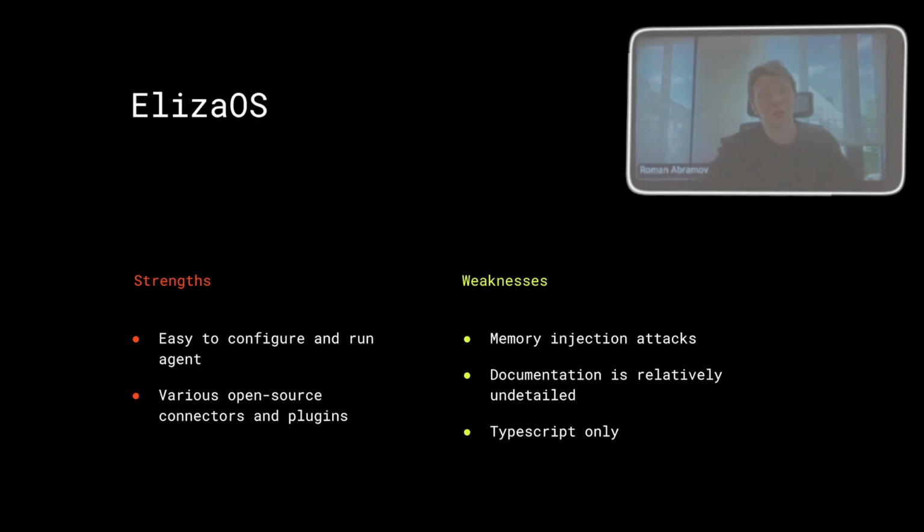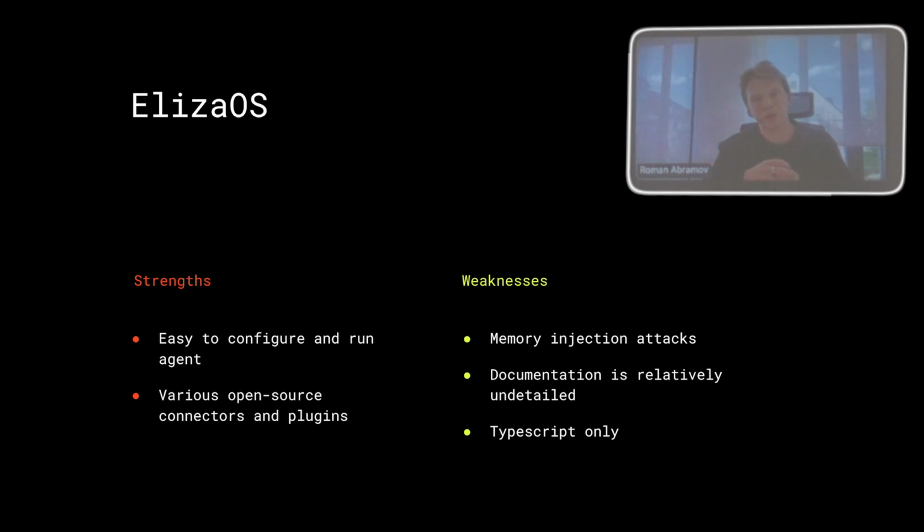And the last but not least is ElizaOS, which we're discussing today as the main hero, because one of the reasons is that it is really easy to configure and to run. It is more of a template which already provides you with some functionality, but I would say that you have even less control than with the other frameworks.